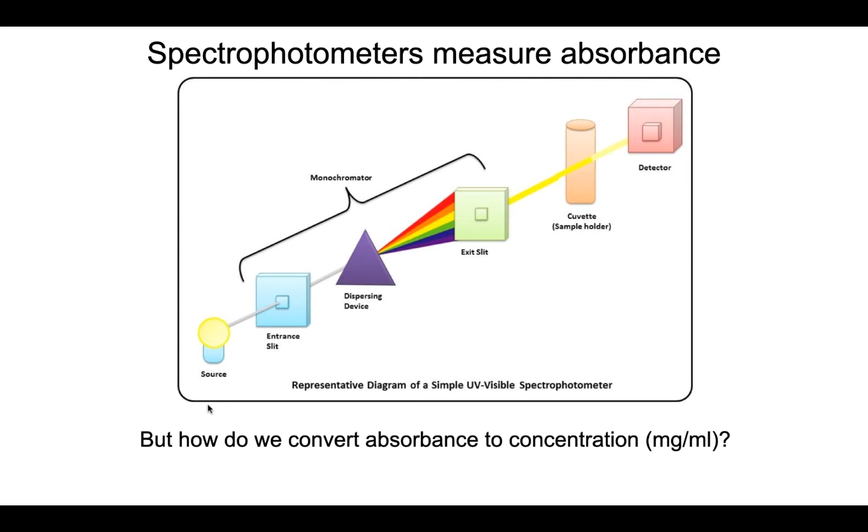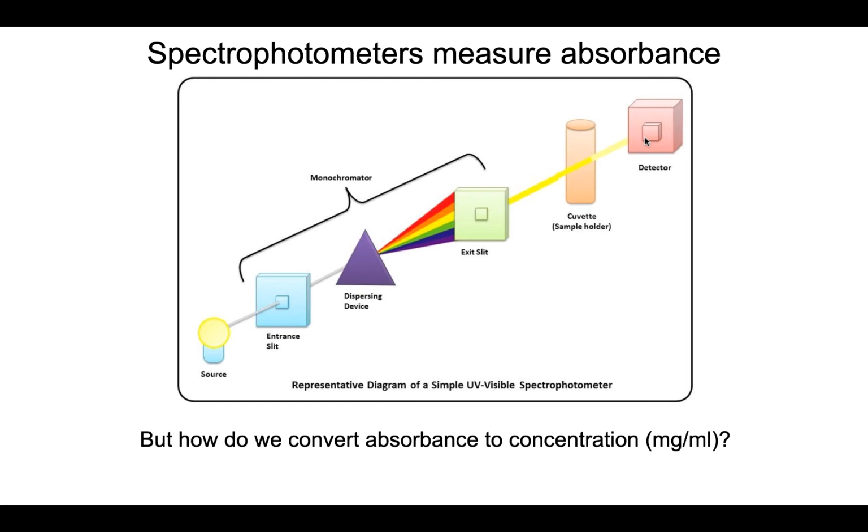Within the spectrophotometer, there is a light source that is passed through a prism, which separates the different wavelengths of light, and you set the machine to allow a particular wavelength through. That wavelength goes through your sample of interest, and the amount that has been absorbed is detected and displayed on a readout.